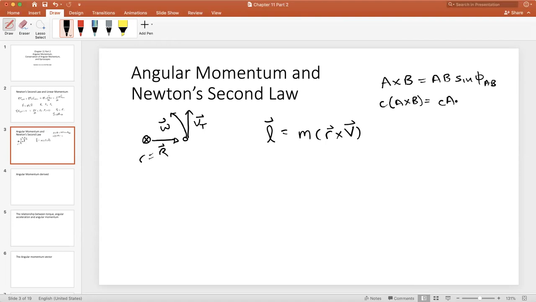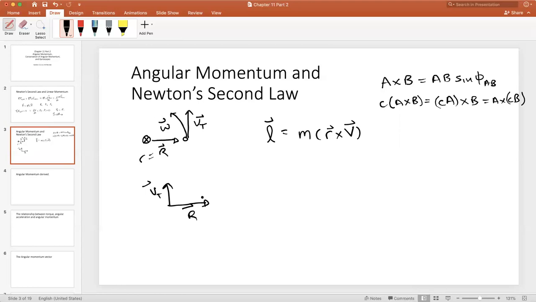So this could be CA cross B, or it could be A cross CB. We can always pull a constant into the cross product by multiplying it by either of the terms. We're going to need that in a minute when we derive this. But for now, let's look at this R vector and this V vector.